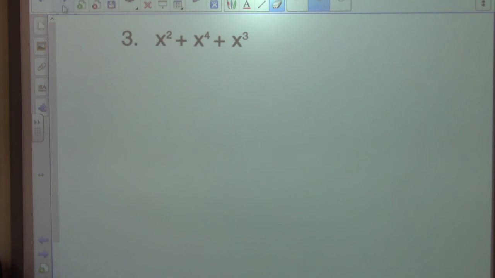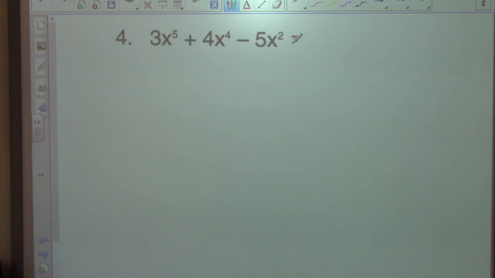Let's go on and look at number 4. On number 4, do you see any numbers that are common factors? Between 3, 4, and 5, are any common factors between those? No, so we can't really do anything with those numbers, can we?